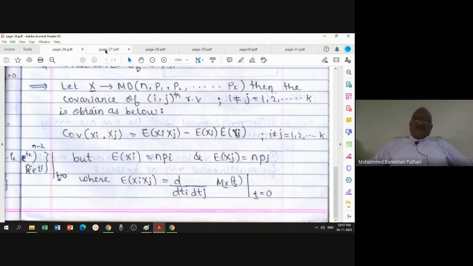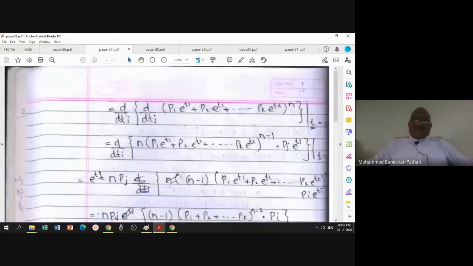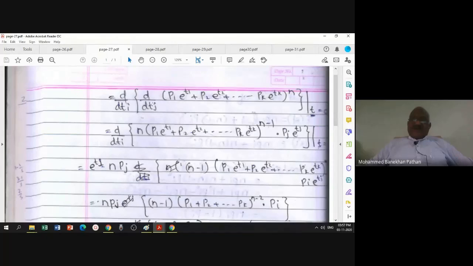See what is the expression. So d by dti, curly bracket, d by dtj. This is the MGF expression that we derived yesterday. Curly bracket complete. And at the end of two differentiations, the t vector is taken as 0. So next line, d by dti. Now I differentiate this quantity with respect to tj.